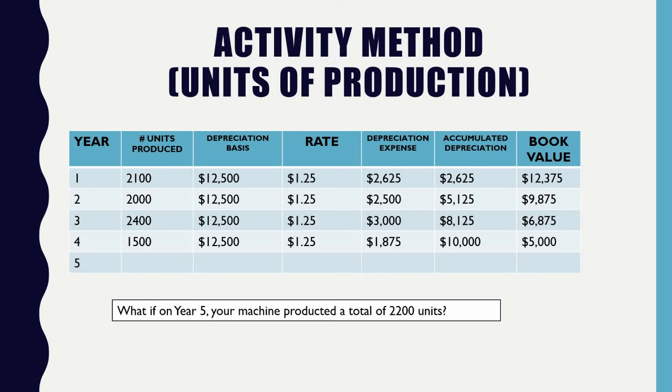Because at this point, your machine has gone through wear and tear, right? And you can't say that its productivity level, or the product you produce, is what it was at the very beginning of its life.